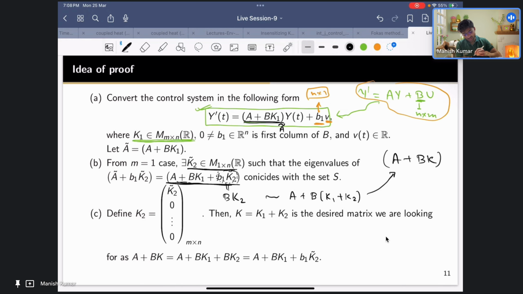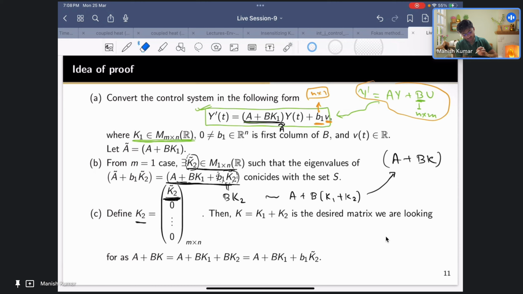So now you can define this k. You got this k2 tilde. Using this k2 tilde, you can define k2 as the first row to be k2 tilde, because k2 tilde is a 1 cross n matrix. So this is one row, and then the next rows are zero rows.